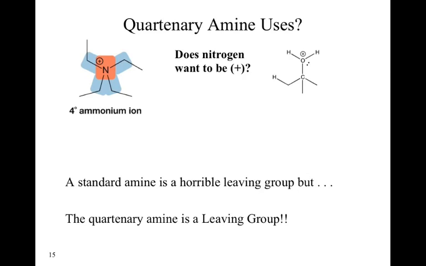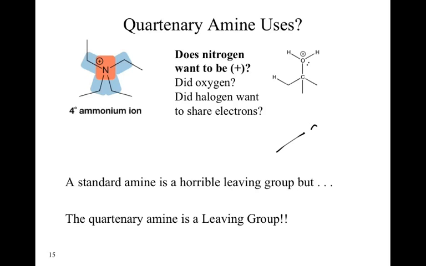Does our nitrogen want to be positive? Think back to our alcohol. Did our oxygen want to be positive in the alcohol? Does our halogen want to share electrons with the carbon in an alkyl halide?